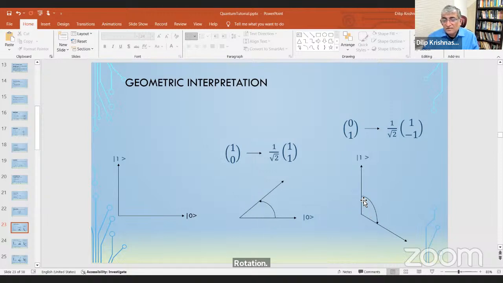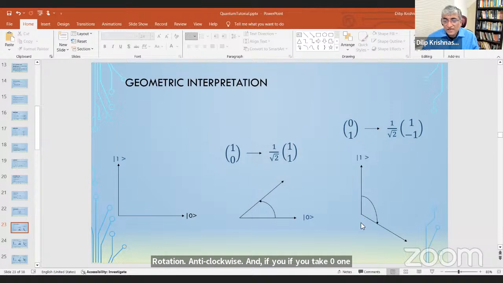And if you take 0, 1, which is ket 1, pointing along the y-axis, and you apply the Hadamard gate, now it's pointing in the fourth quadrant down here, at minus 45 degrees. So it has actually turned by 135 degrees clockwise.